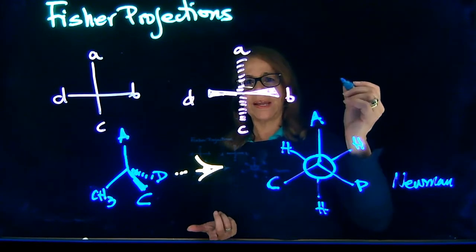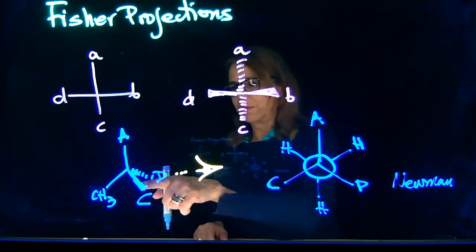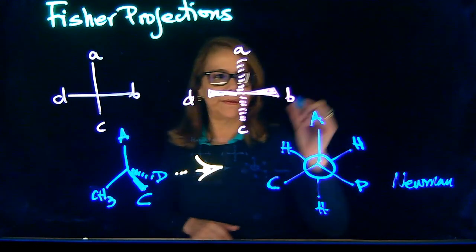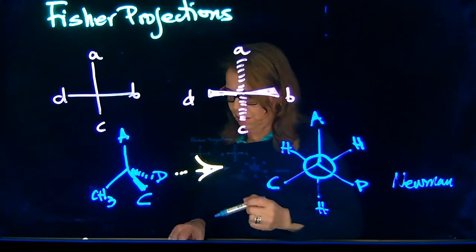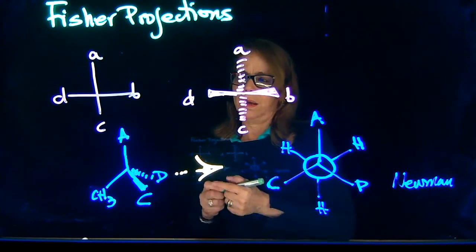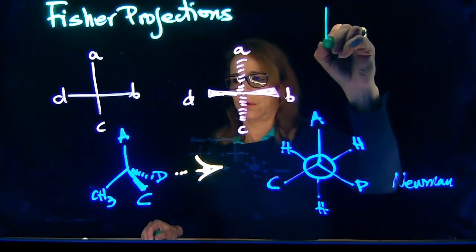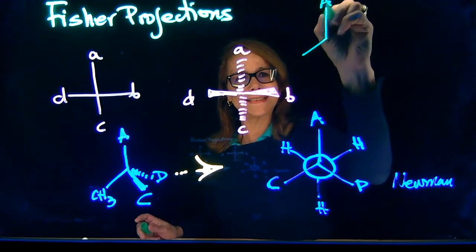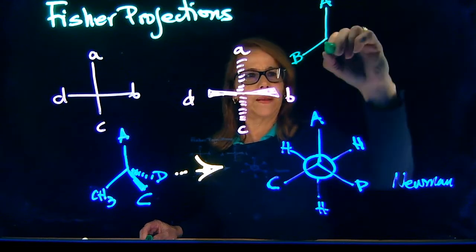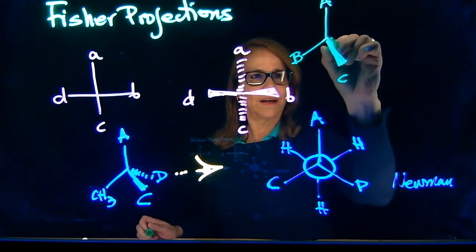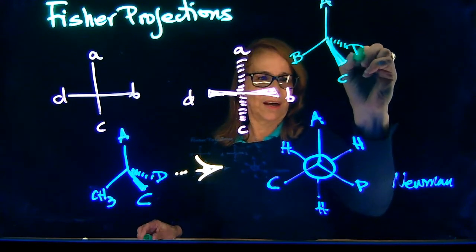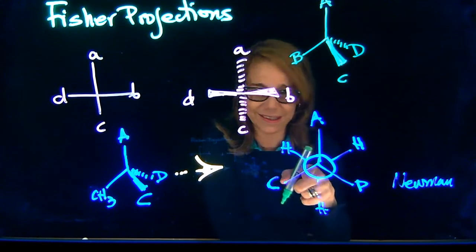But I'm going now to go back to the drawing that had the A there. So let's redraw that. I had a B there. So A, B, and then I'm drawing in the wedge, C and D. And now let's say this was when I did the Newman.